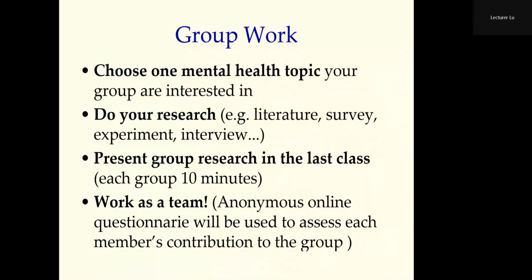In the online questionnaire, you're going to rate the level of contribution to the group of each member. You write down the names of the group members, and rate to what level he or she has contributed to the group work, okay?